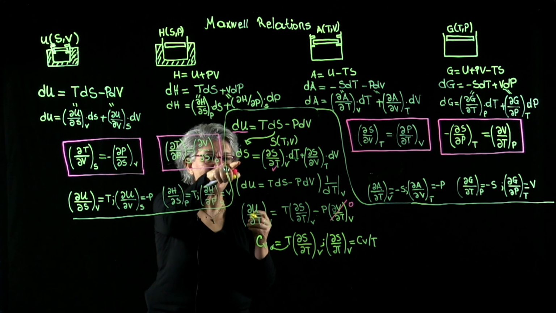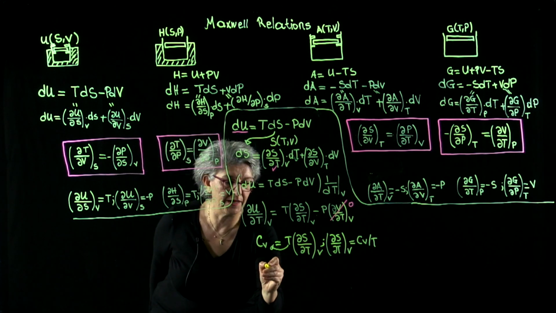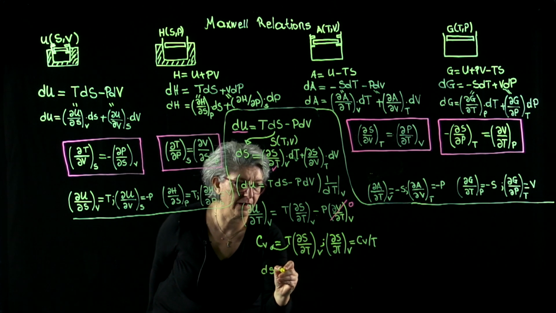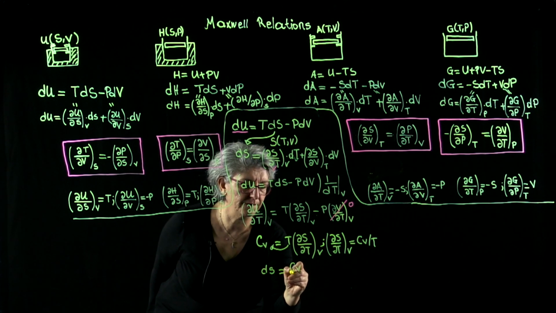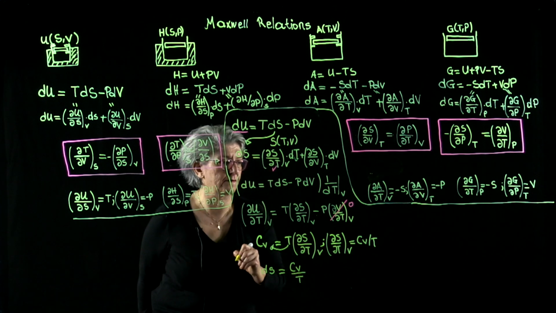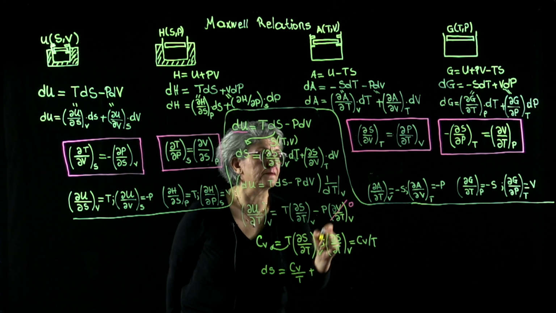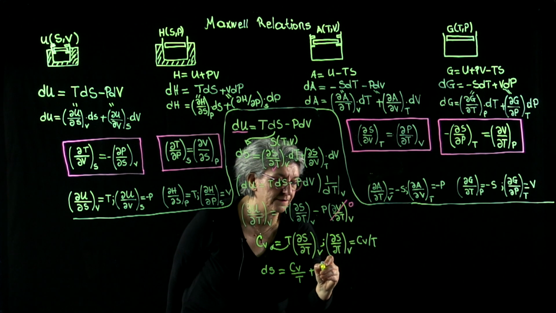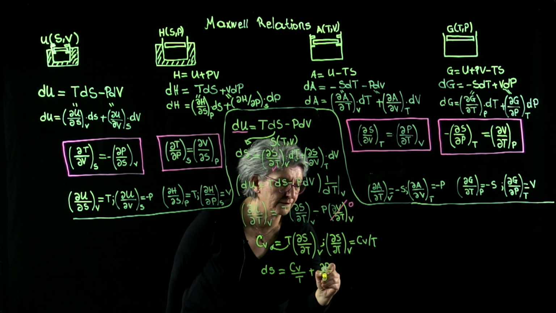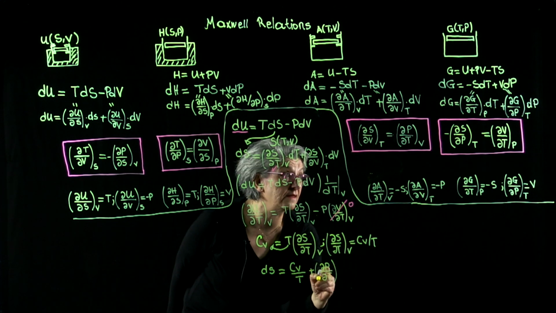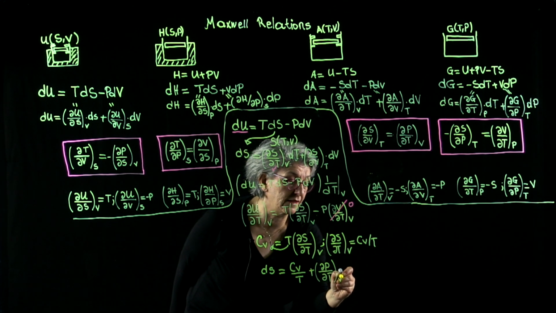So my dS becomes Cv over T plus del P over del T at constant V times dV.